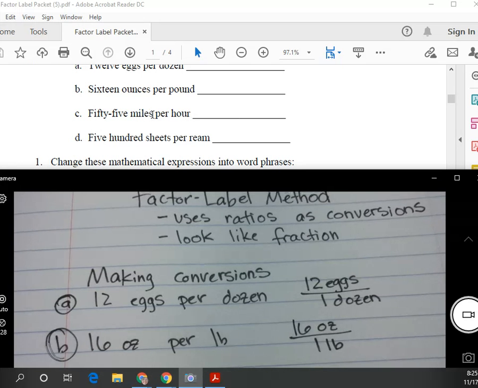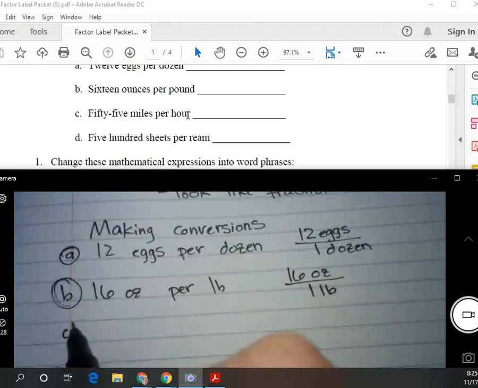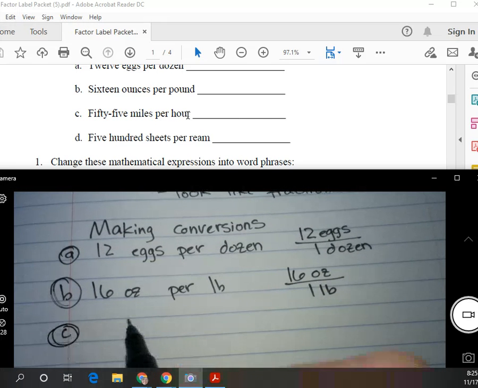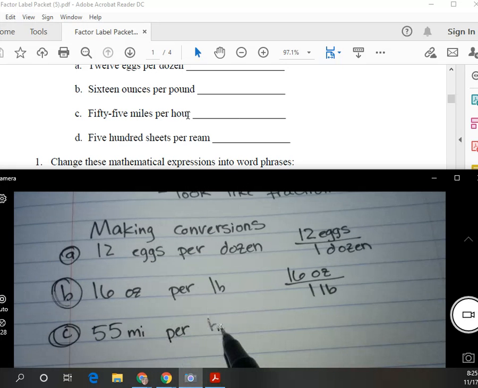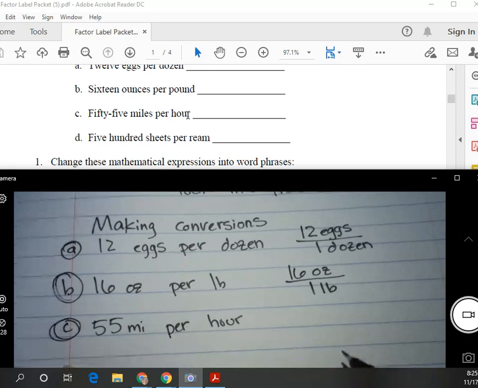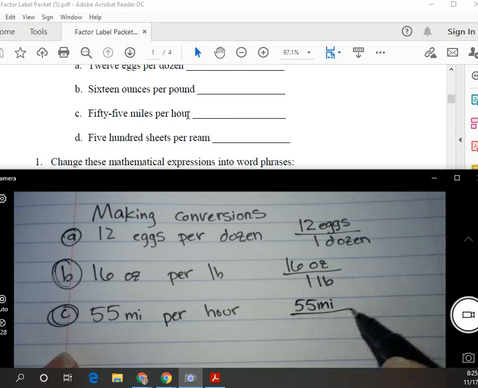Next, 55 miles per hour. This is one that we probably see pretty often, especially now that a lot of you are starting to drive. That looks like 55 miles per 1 hour.